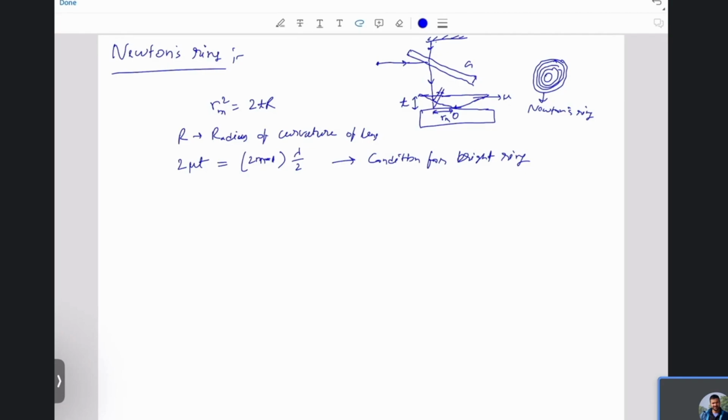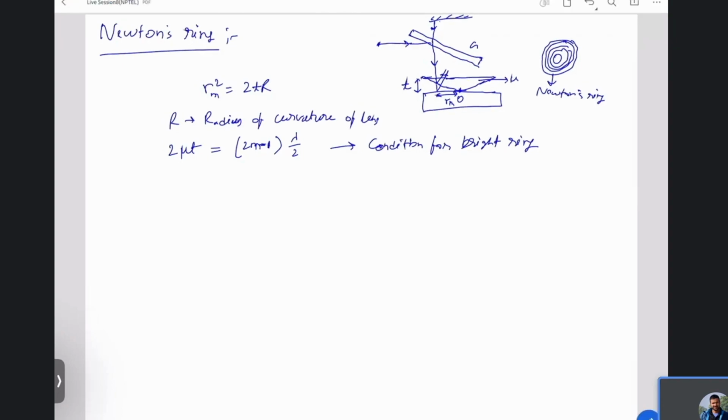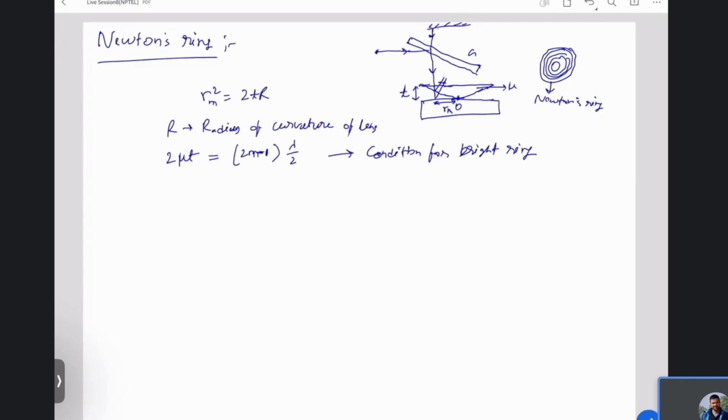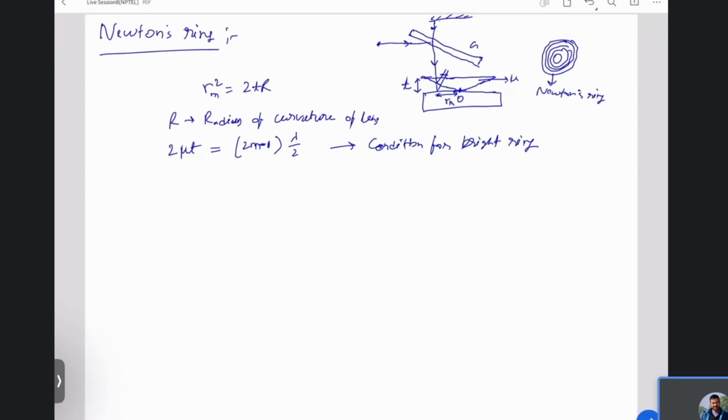Okay, I'll assume that you might have some knowledge of interference. And yeah, I was just explaining how Newton's rings are formed.